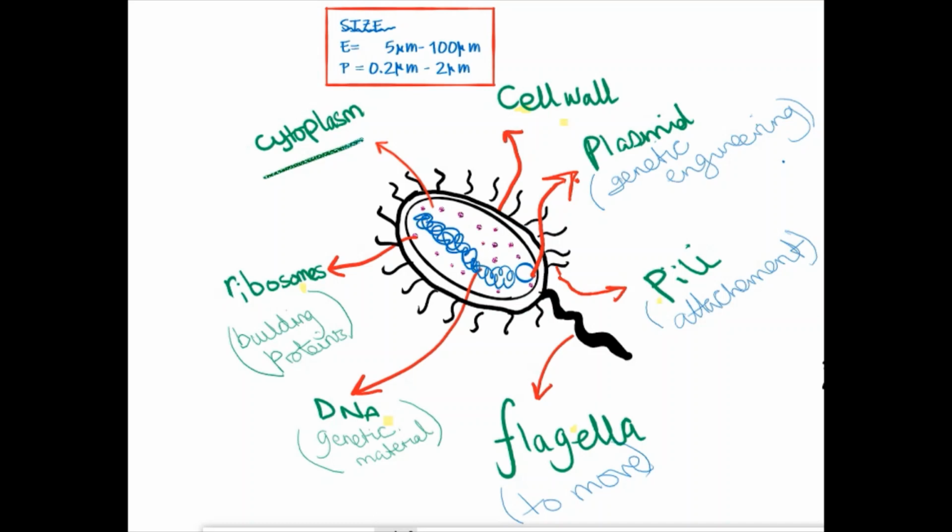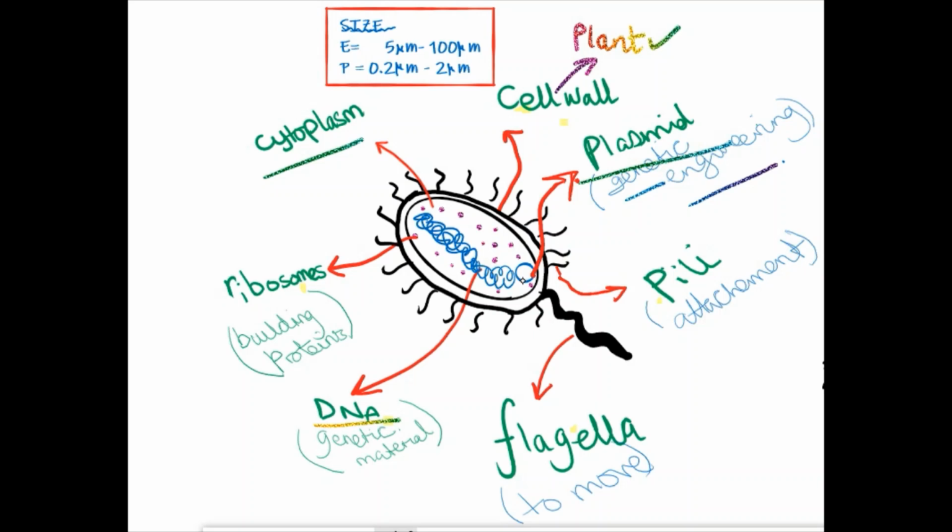Here we have a bacterial cell, and we can see that the bacterial cell has DNA which isn't enclosed in a nucleus. It also has a circular piece of DNA called plasmids, and plasmids are to do with genetic engineering. It has a cell wall, and we also know that a eukaryotic cell, such as the plant cell, also has a cell wall.